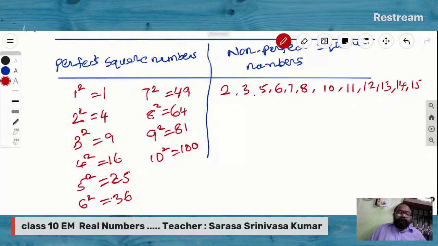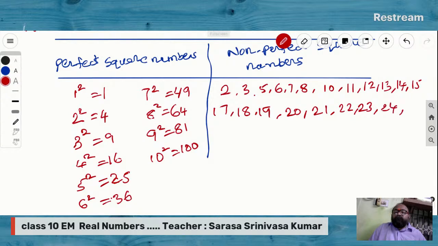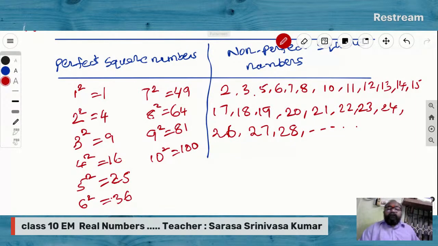And 16 is a perfect square number. 17, 18, 19, 20, 21, 22, 23, 24, 25 is a perfect square. 26, it is a non-perfect square number. 27, 28, and so on. So you must understand the difference between a perfect square number and a non-perfect square number.